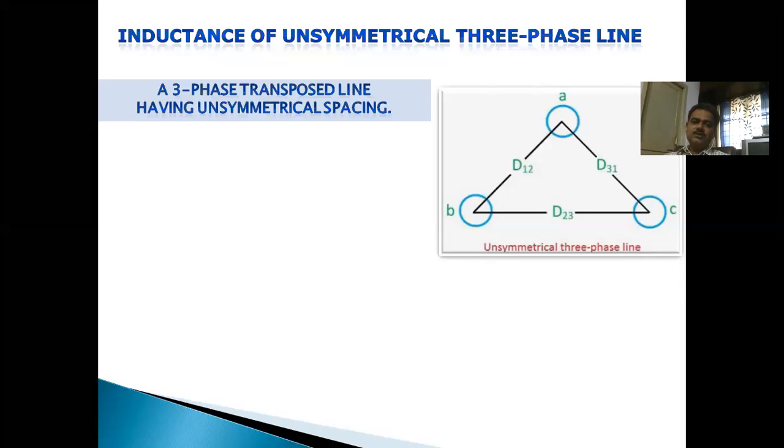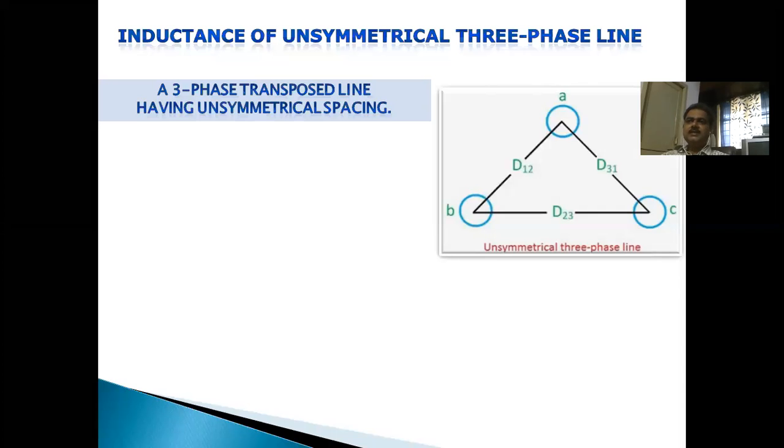So here the inductance mainly depends upon the distance. If they are unsymmetrically spaced, the inductance is not the same in all three phases.